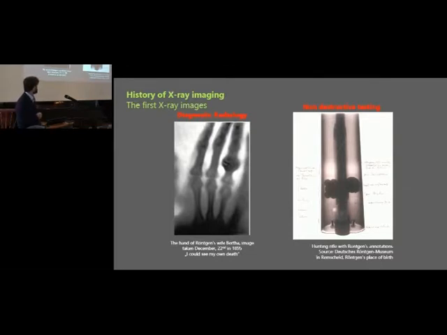Here you can see the ring on the hand of Röntgen's wife, and maybe you could see if the finger is broken. But here, while scanning his hunting rifle, Röntgen wrote down what he was seeing. He sees, here are the bullets, and here is some powder or whatever. So this is what we're doing. We're making an X-ray image, and then we're describing what we're seeing.